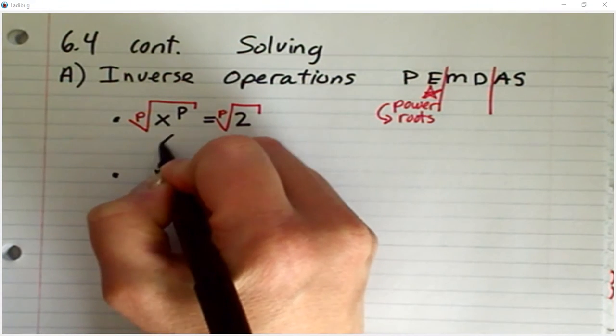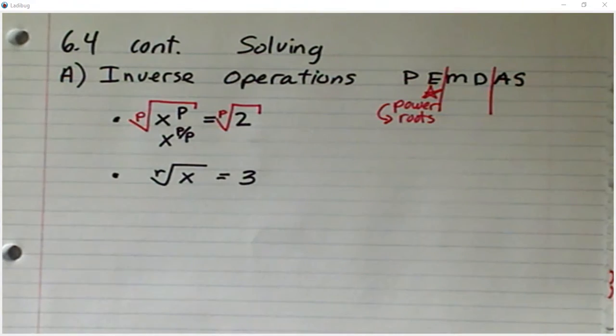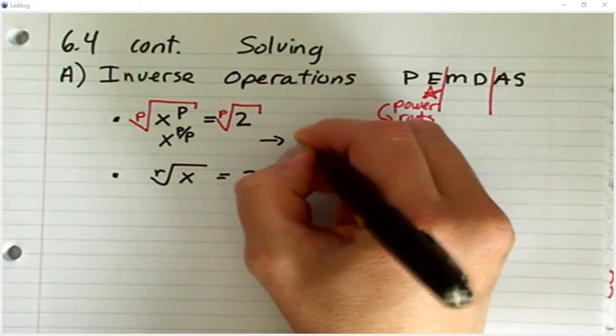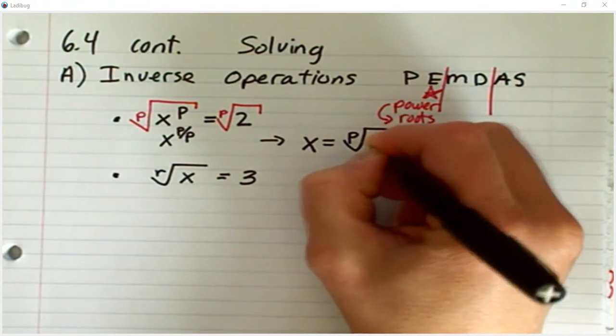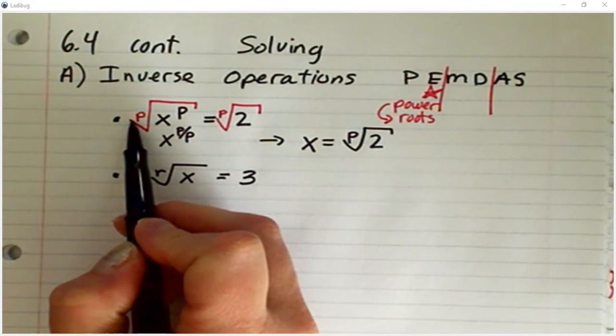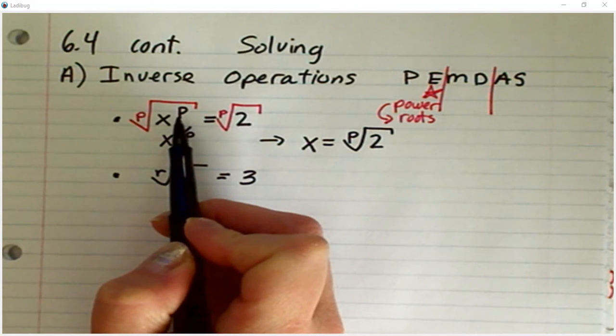And notice here, even if you write this, okay, in exponent format, you get x to the first power. And so this gives us x equals the p root of 2. Okay, that's good. So the root, the matching root, undoes the matching power.